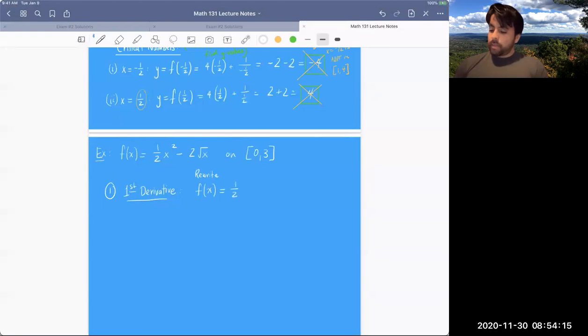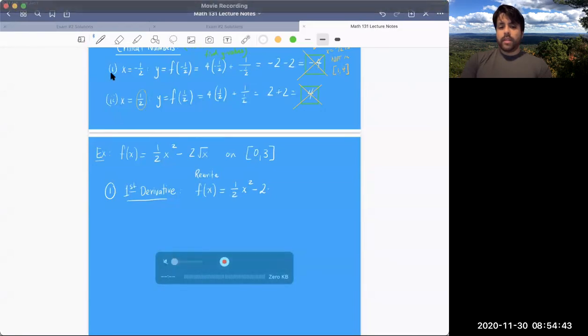Why would I do that? How would I rewrite the square root of x? I would write it as what? X to the 1/2.